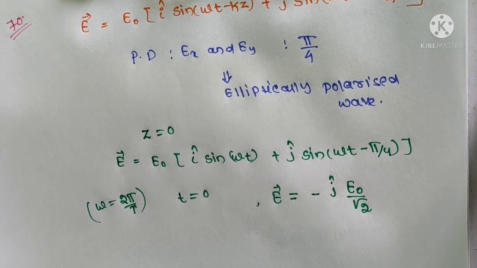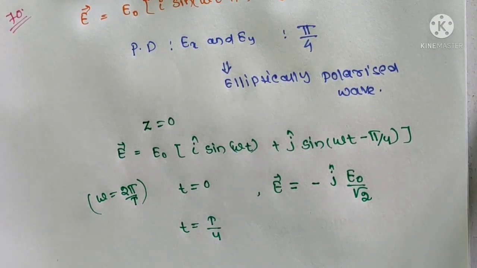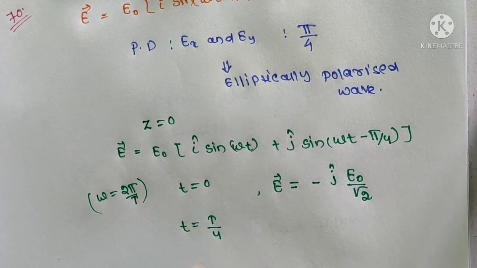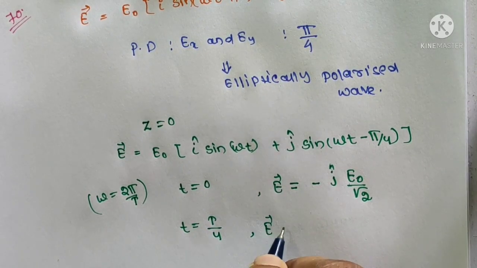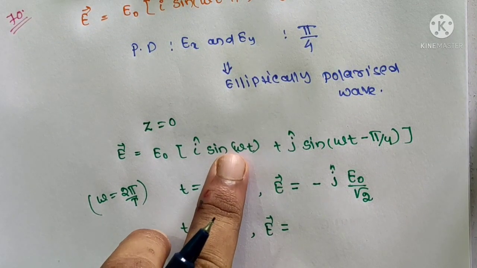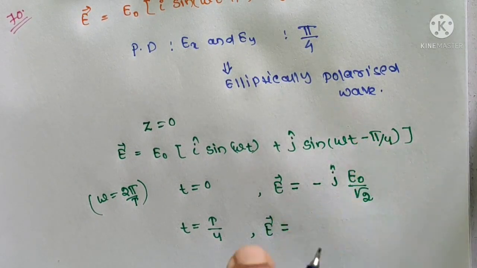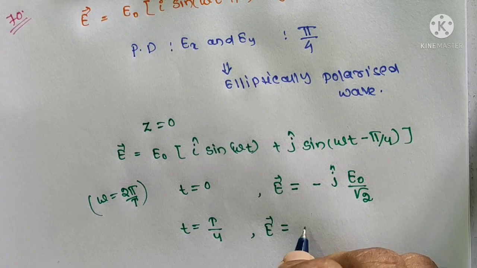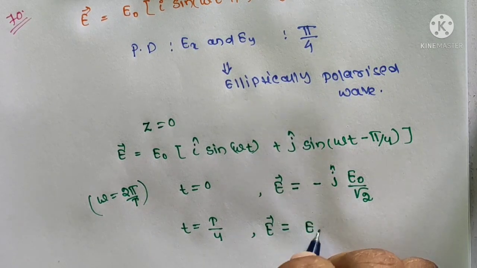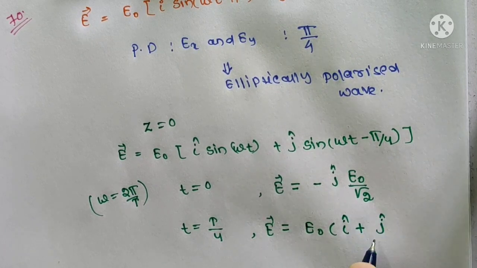Next check for time t equal to T by 4. At time T by 4, this becomes pi by 2. So sin pi by 2 is 1, and pi by 2 minus pi by 4 is pi by 4. So it equals E naught, I cap plus j cap by root 2.